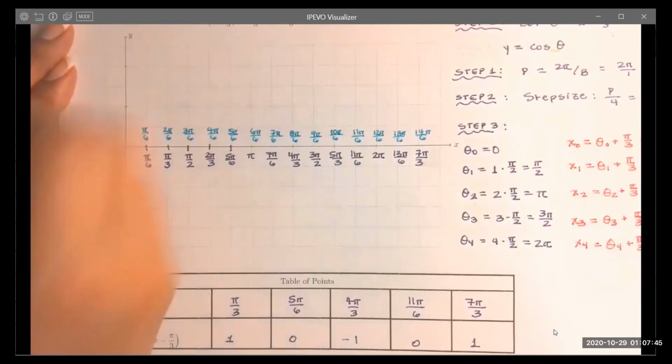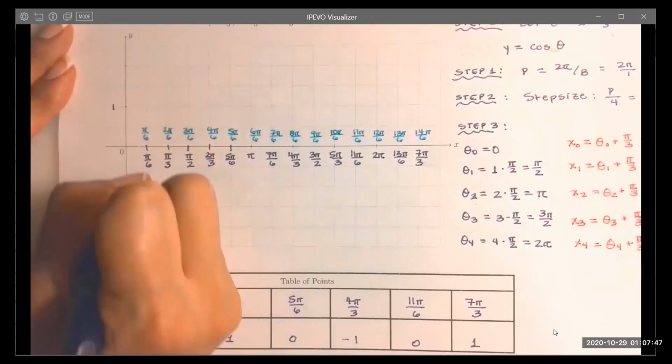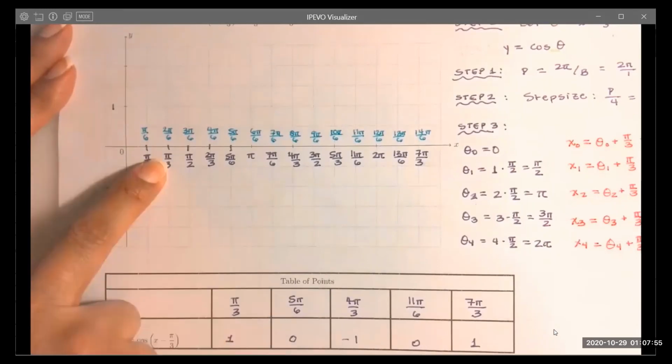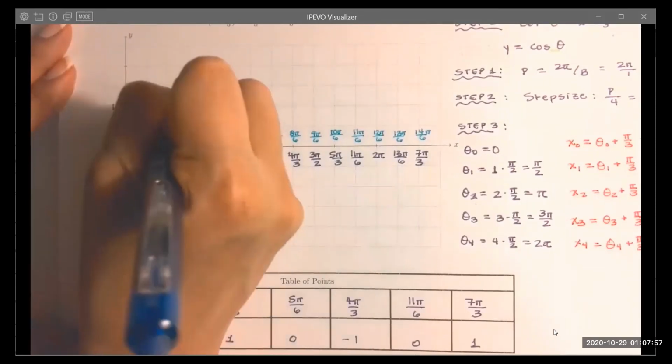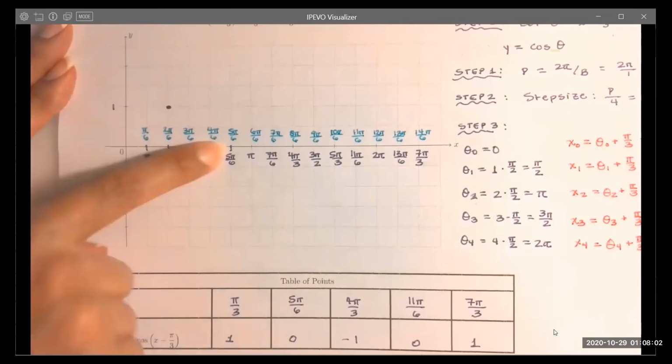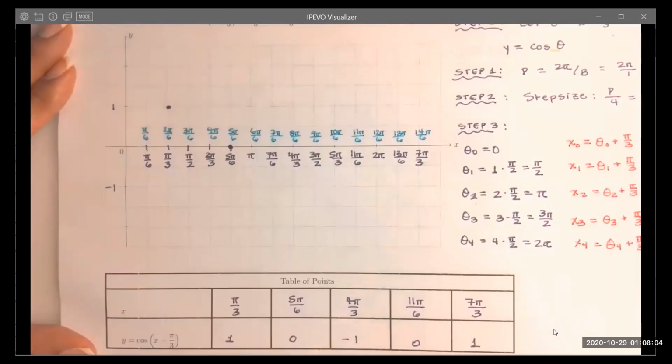All right, and then I'm going to label my y. So that'll be 1, and this will be -1. Then at pi over 3, which is here, we have a y value of 1. At 5 pi over 6, which is here, we have a y value of 0. At 4 pi over 3, we have a y value of -1.